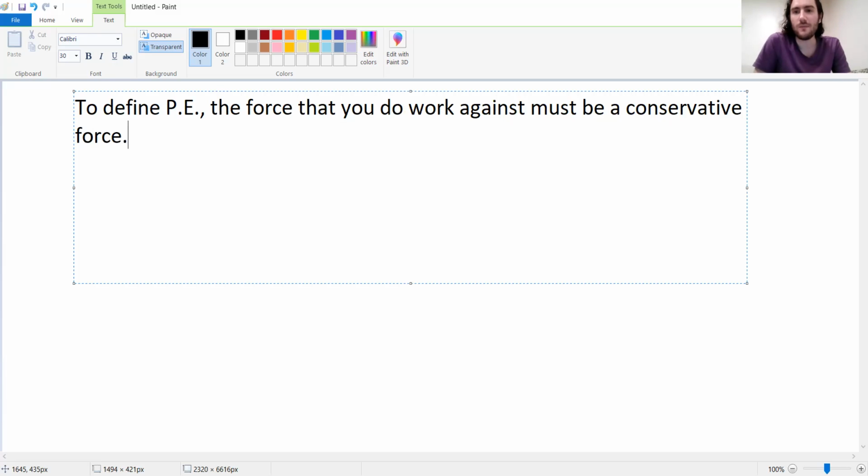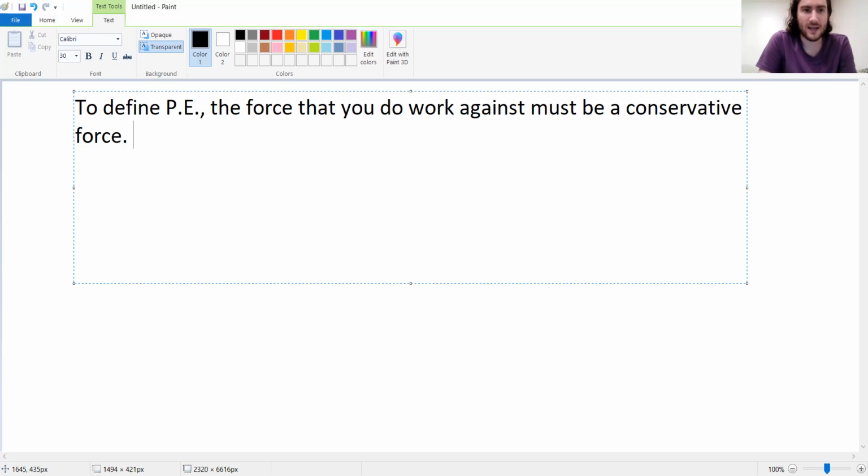So what do I mean by conservative force? Not conservative like conservative versus liberal. It's not a political thing. There's a mathematical definition of what a conservative force is, and it really stretches beyond the math that we can do in this class.